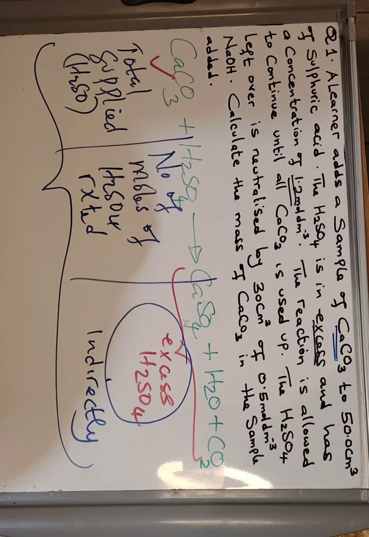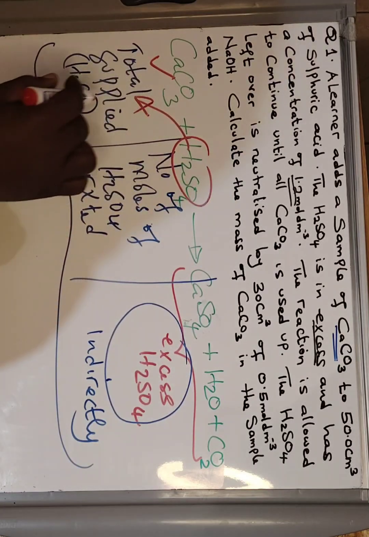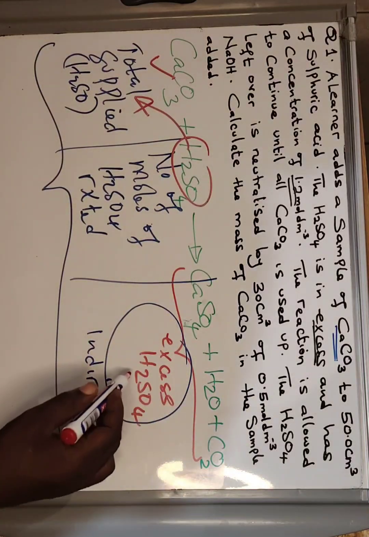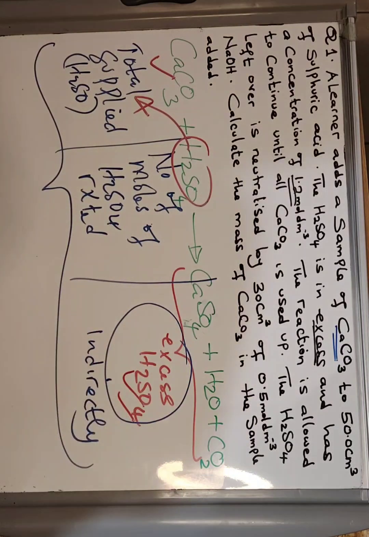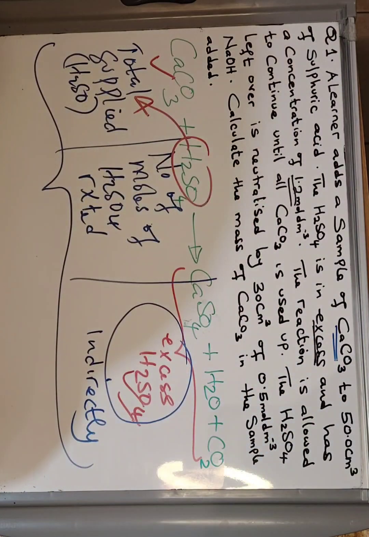So this is the sketch which you will have to know. Let me repeat. For this sulfuric acid, we know the number of moles which was supplied because they gave us the concentration. And we know the number of moles in excess; we can get it through an indirect method. This reaction in chemistry, we call it back titration.